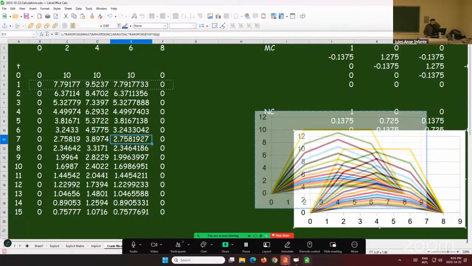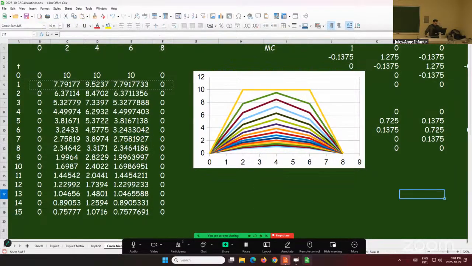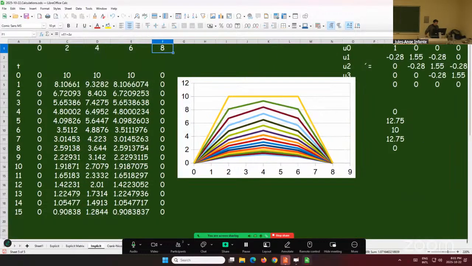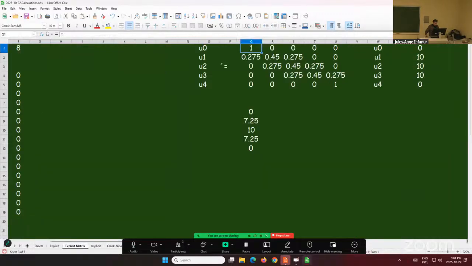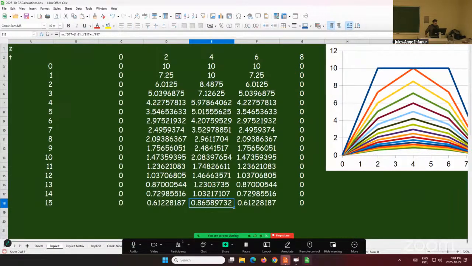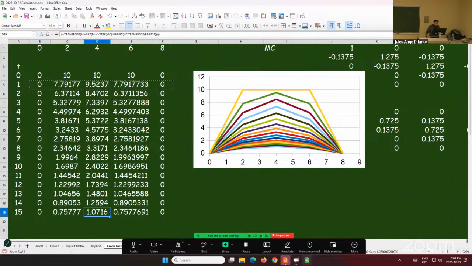Okay, so let's have a quick look at a quick compare first. After 15 years, we have 1.06. With the implicit, we had 1.2. And explicit, we had 0.86. So one thing that we can see is that we're getting somewhere in between in terms of predictions.